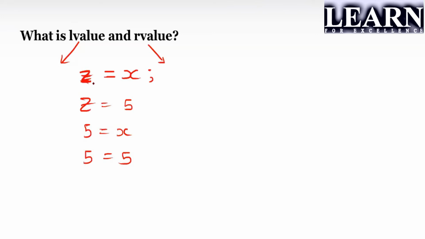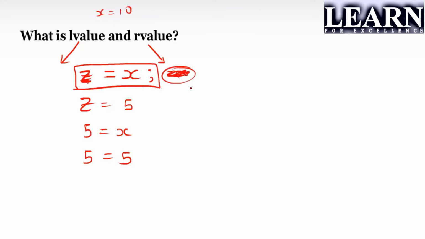Yes, look here, guys. Z equals to X. Now, what is the meaning of this Z equals to X? It means that you are assigning to the variable Z whatever value you have in variable X, right? If you have taken X equals to 10, Z will also be equal to 10 here. Getting it?